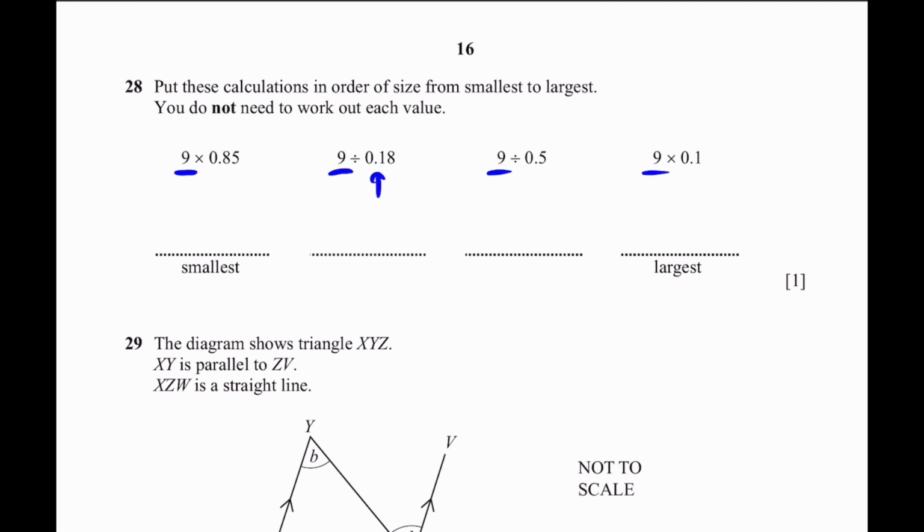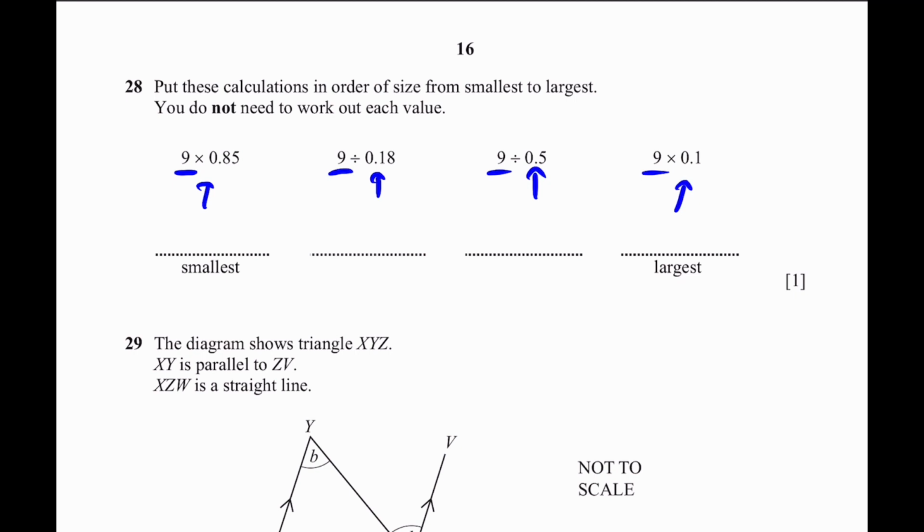Both the decimals in the division start with 0 point and then some number. In this case, it's 0.18 and 0.5. The answer will actually be larger than 9. But in the multiplications, we have a decimal multiplication, so it'll be smaller than 9.